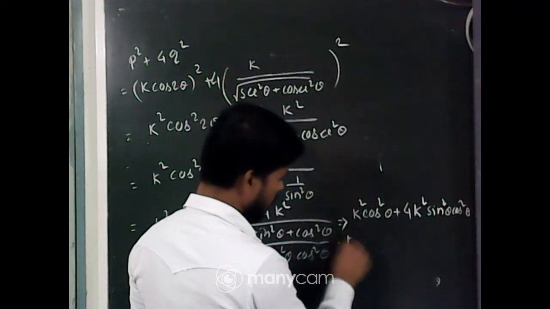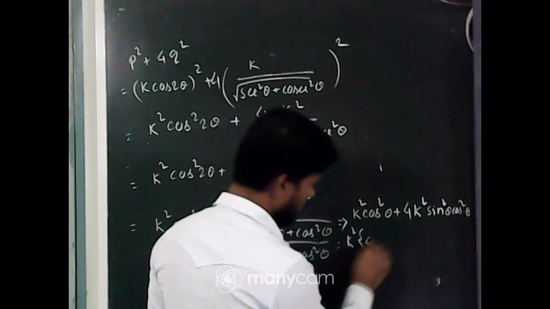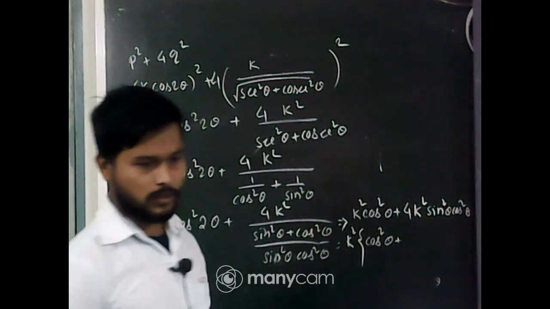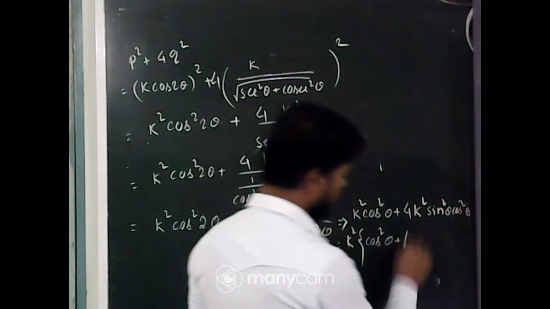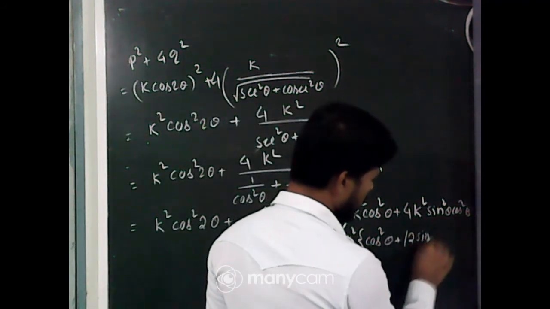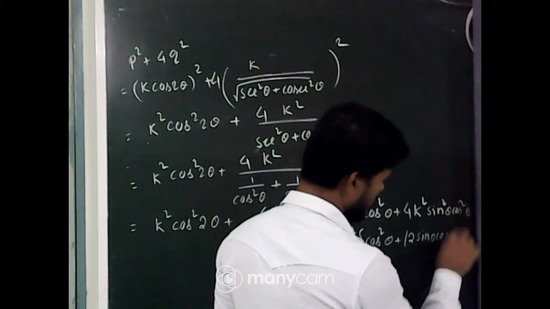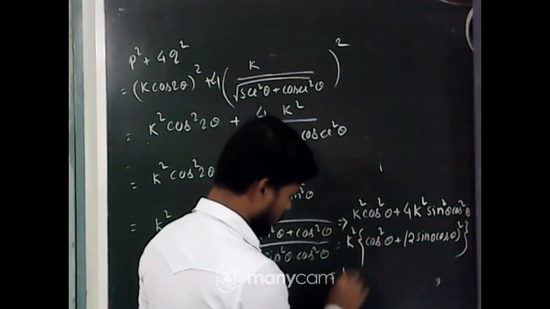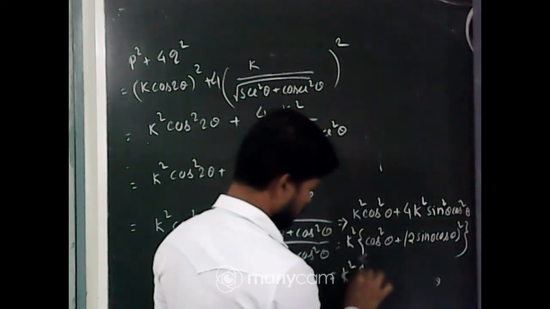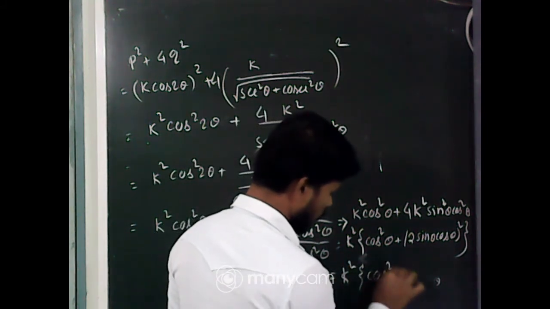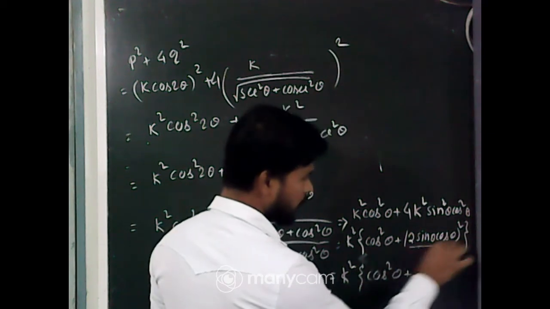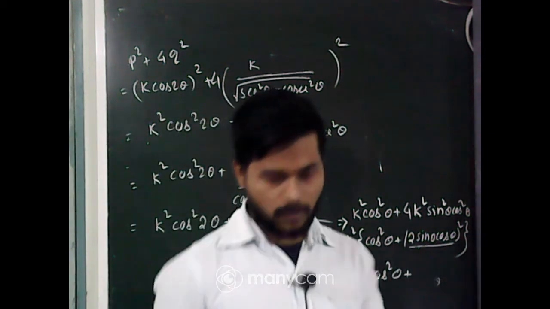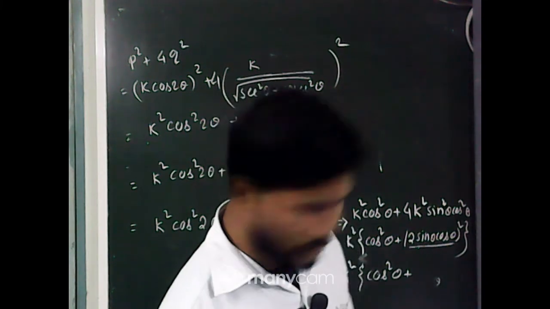Now if I take k square common, 4 sin square theta cos square theta can be written in the form 2 sin theta cos theta whole square, isn't it? That means k square into cos square 2 theta plus, now tell me the formula of 2 sin theta cos theta. Do you know the formula? What is the formula of 2 sin theta cos theta?